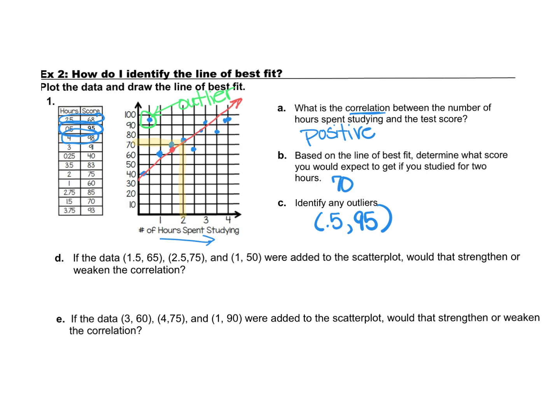And then 2.5, 75. We'd be about right here. And 1, 50, we'd be right here. Well, those pieces of data are pretty close to that line that I drew for the line of best fit. So I would say that those 3 points would strengthen.